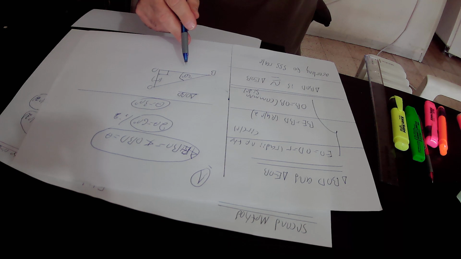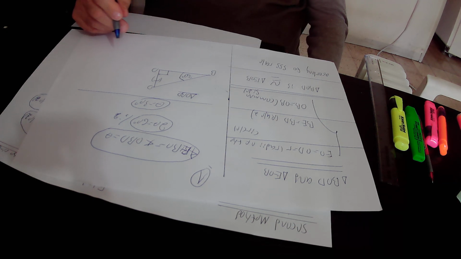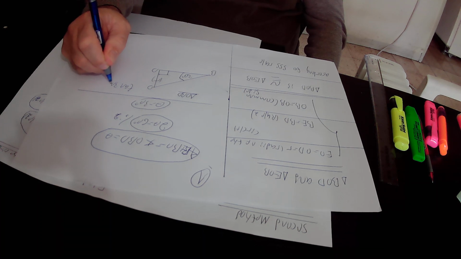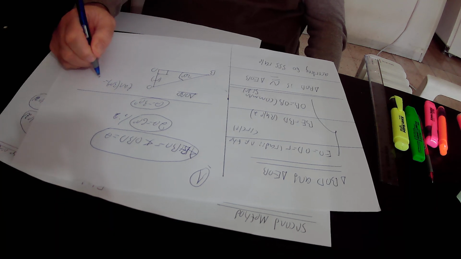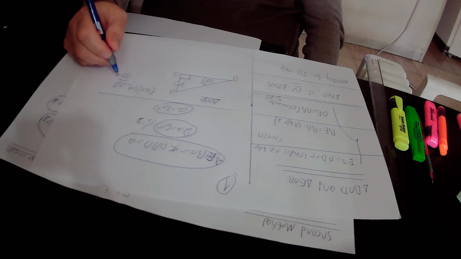Angle OBD equals theta, that is 30 degrees, and side OD equals R, that is the radius of the circle. So in this right triangle OBD, tangent 30 degrees equals OD over BD.